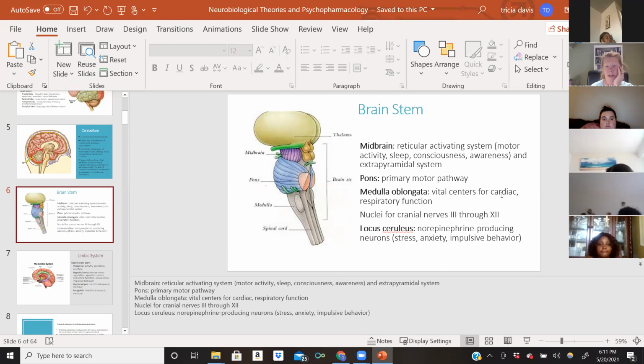This is the vital center, so our cardiac and our respiratory function. Also going to find the nuclei for all those cranial nerves. And then we have the locus ceruleus. This is the norepinephrine producing neuron. So these are going to be seen with anything related to stress, anxiety, and then when we engage in impulsive behavior.